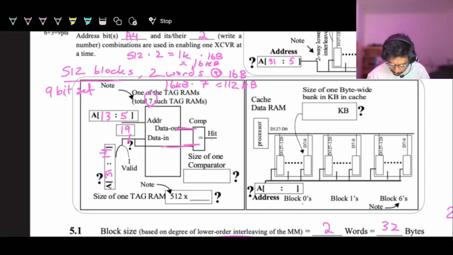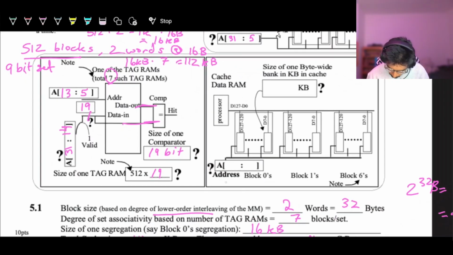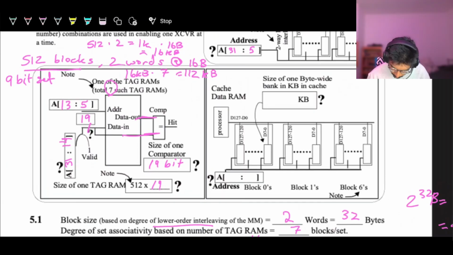Well, that's 19 bits, so we have a 19-bit comparator. And our tagrams are 512 number of sets or blocks by 19 bits. Now, for our data cache RAM, this is our set field concatenated with word field.